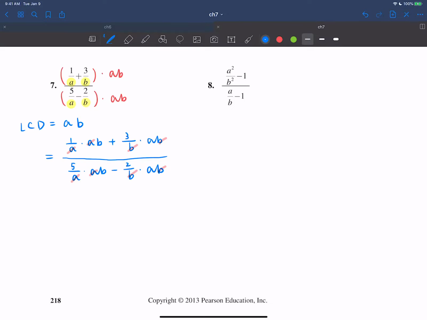Let's write down what's left. On the top, you have b plus 3a. As for the bottom, we have 5b minus 2a. Unfortunately, that's all that we can do. We cannot simplify or combine like terms. And that's the answer to number 7.